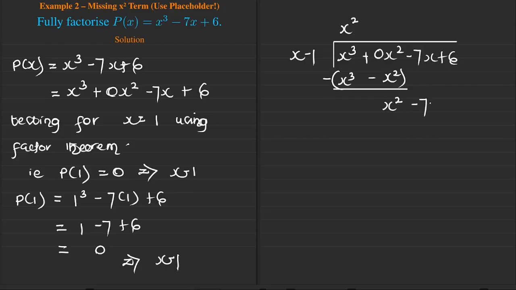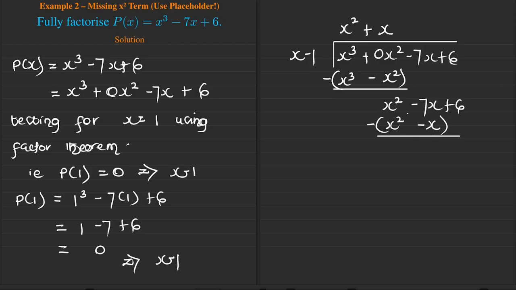Then we have a minus 7x plus 6. Then we start our division all again. So x squared divided by x gives us a positive x. So this x times this x gives us the x squared. The negative 1 times x gives us a negative x. Then we do our subtraction again.